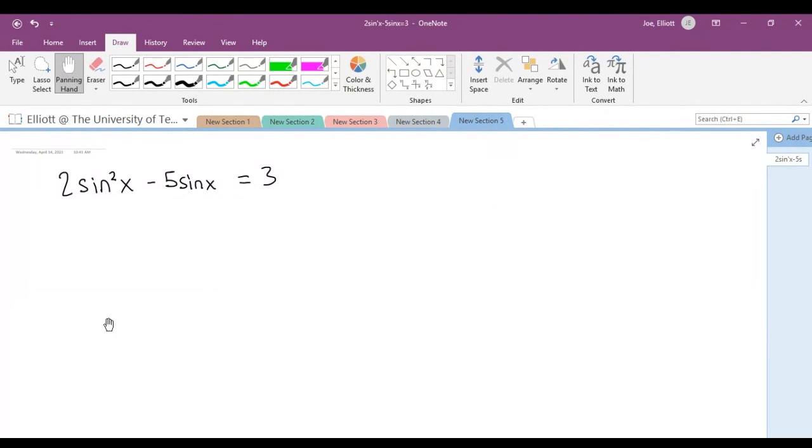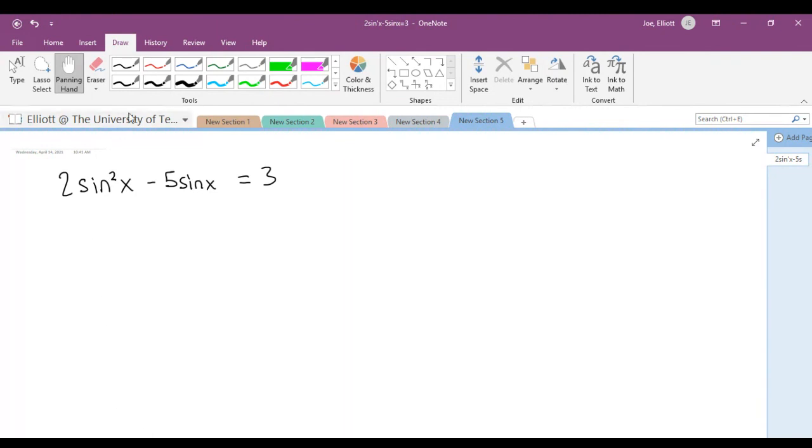All right, so let's look at this one first. So the way that we approach this type of question is we do want to treat it as if it were a quadratic for the moment.